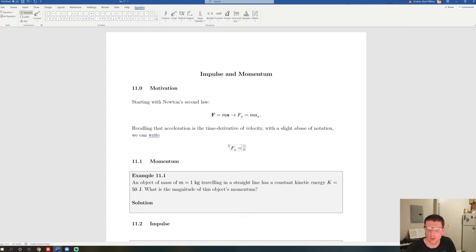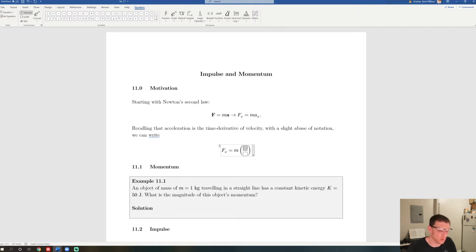So nothing changes about Newton's second law except for now we're just going to write the acceleration as a change in velocity, right? And I'm being specific about the x velocity here, over a time interval, right?